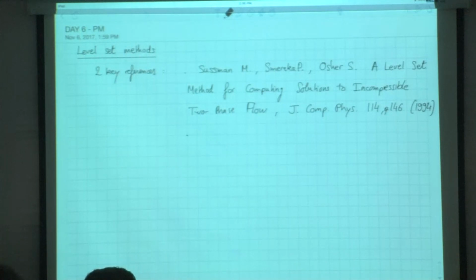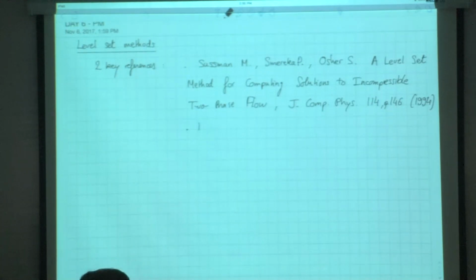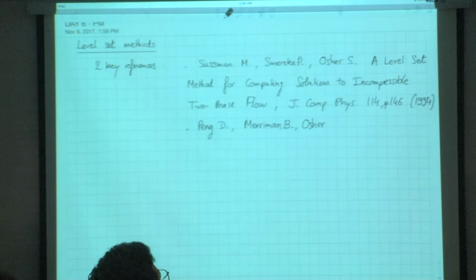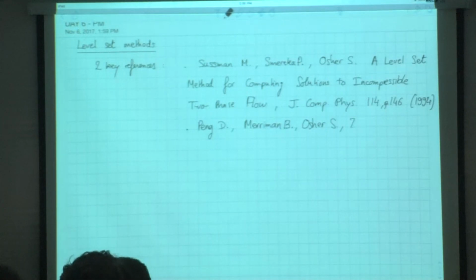So that's the first reference. The second reference is also from Osher's group, in collaboration with a few other people. It's Peng, Merriman, Osher, Zhao, and Kang.